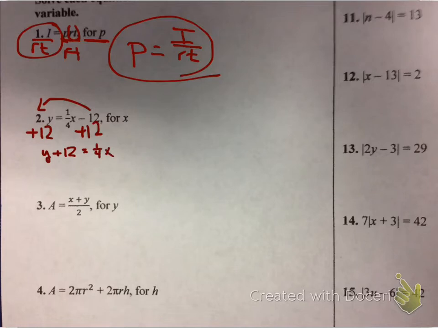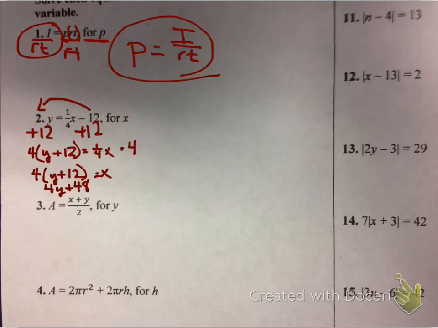Keep in mind, 1/4 means divide by 4. So what's the opposite of dividing? Multiplying. So x is equal to 4 times y plus 12, in parentheses, which could also be 4y plus 48. I would take either one as your answer.